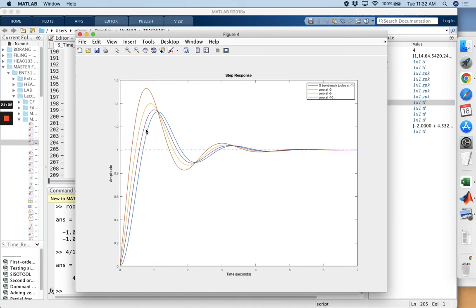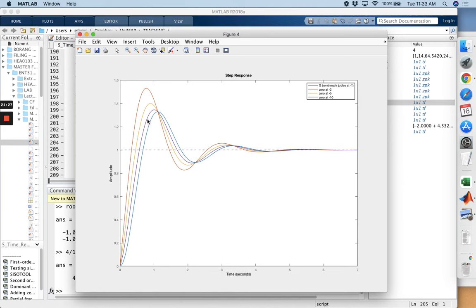We have a second order system with zeros. The red plot is zeros at -3. Yellow plot is zeros at -5. Purple plot is a second order system with zeros at -10.